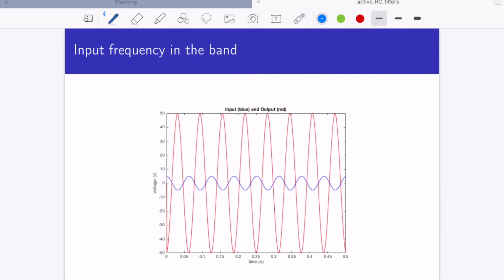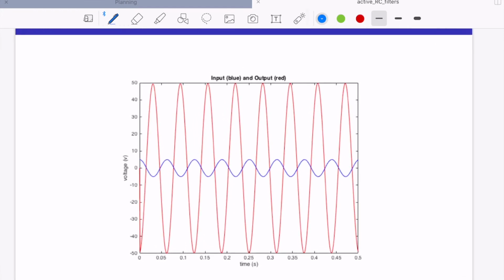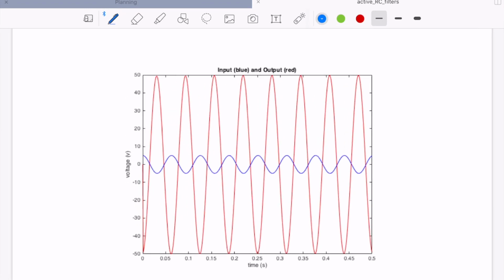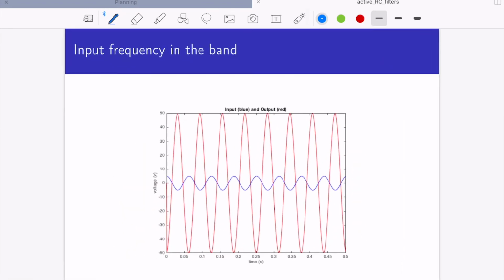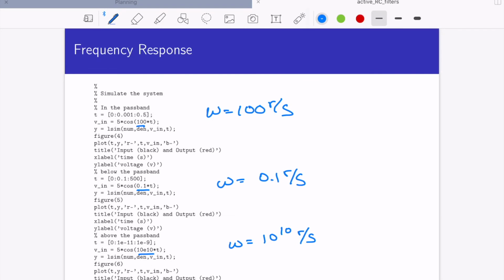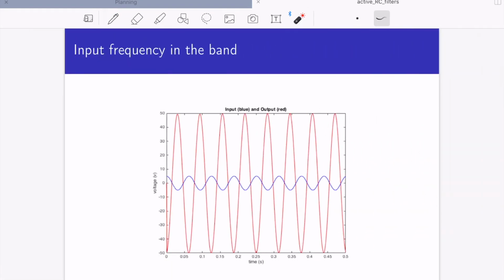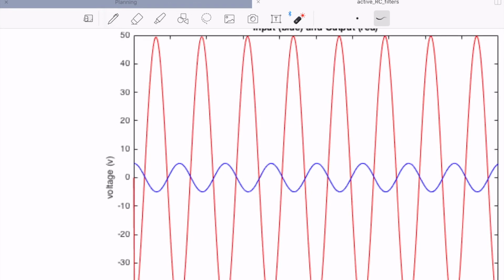So here is the input frequency within the band. The input is shown in blue, and let's go back and look. What did I make it? I made it 5. In all these cases, I made the amplitude 5. So there's our input. It goes from 5 to -5.